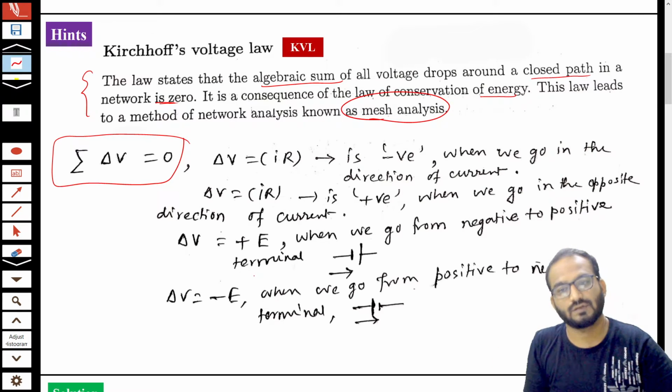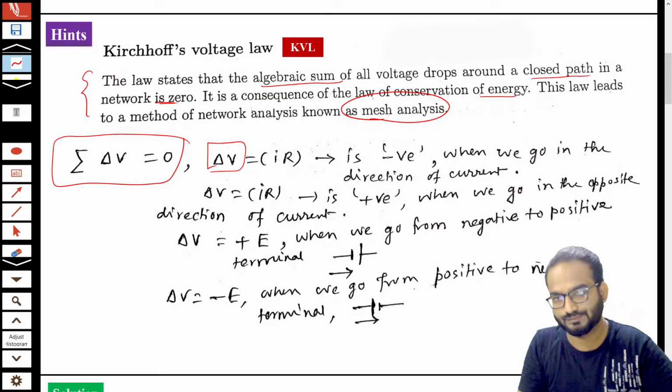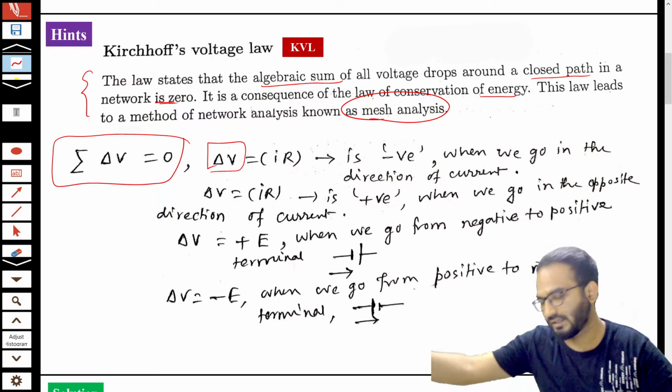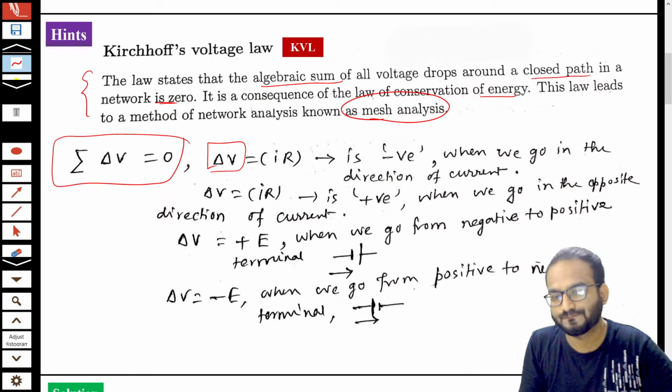Now there is a sign convention. The voltage drop will be negative if you go in the direction of the current, and positive when you go in the opposite direction of the current. If you have decided this is the current direction and you go in this direction, then the drop will be negative, and if you go against the current, it will be positive.